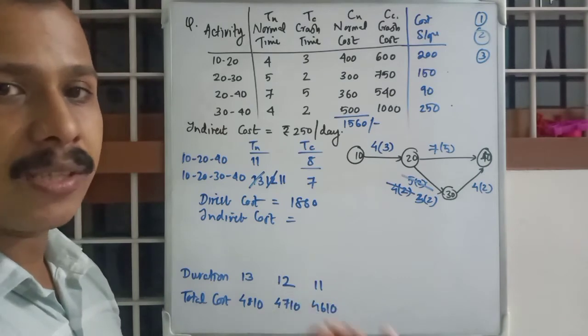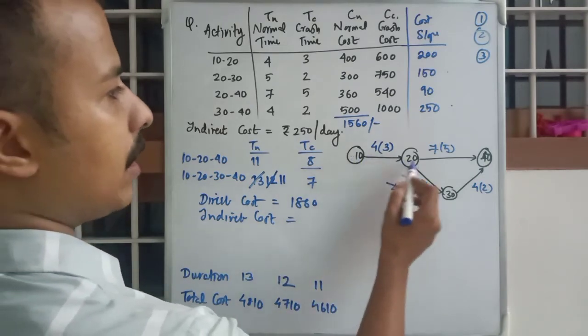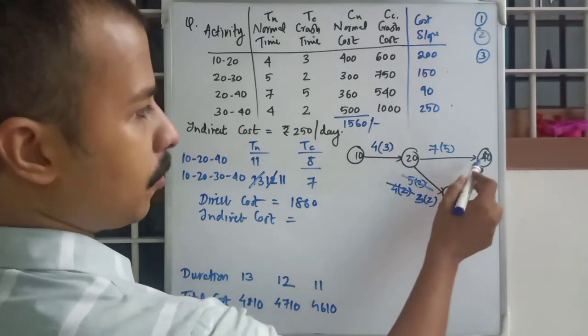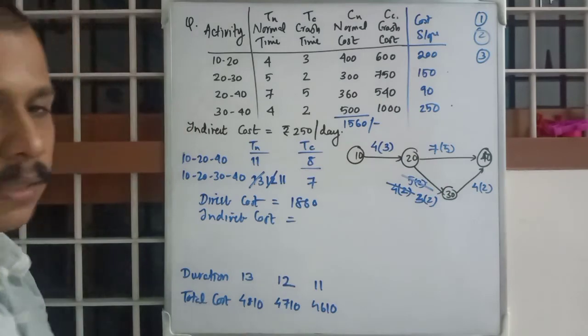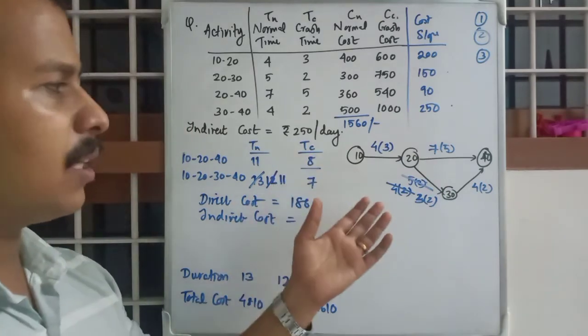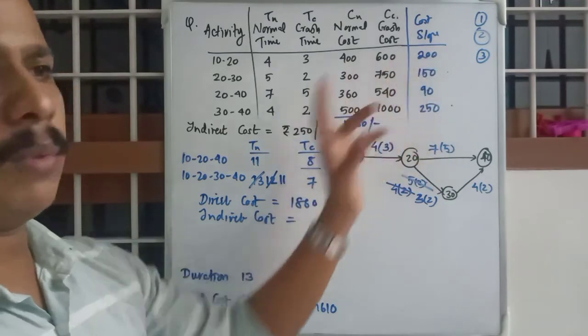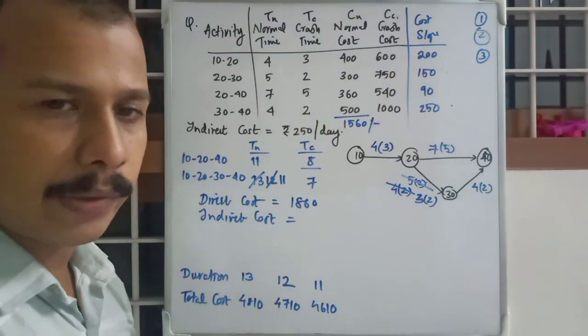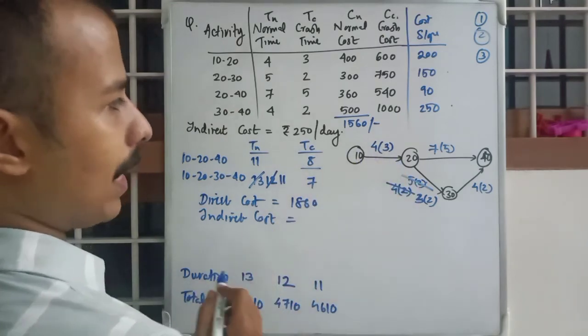Reduce or crash the common activity. Which one is the common activity? 10, 20, 40 and 10, 20, 30, 40. The only common activity is 10, 20. Suppose there were more than one common activity, you will take the minimum cost of common activity. Okay, that's simple. So 10, 20 is the common activity.